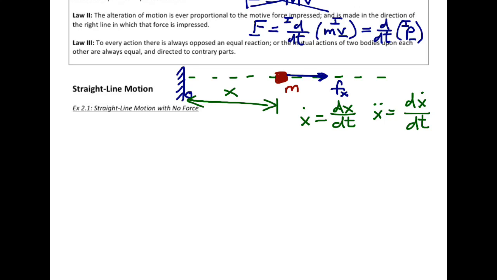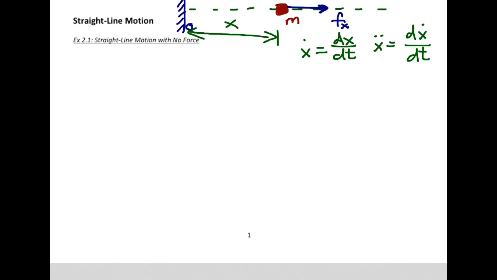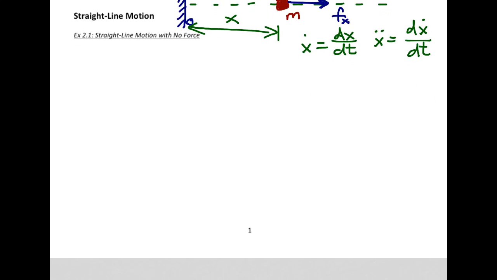So in this first instance, example 2.1, we're looking at straight line motion with no force applied. And so that is going to be F_x equal to 0. Right? On the drawing, that force vector doesn't exist. If we apply Newton's second law, F_x is equal to m x double dot, and F_x is actually equal to 0.